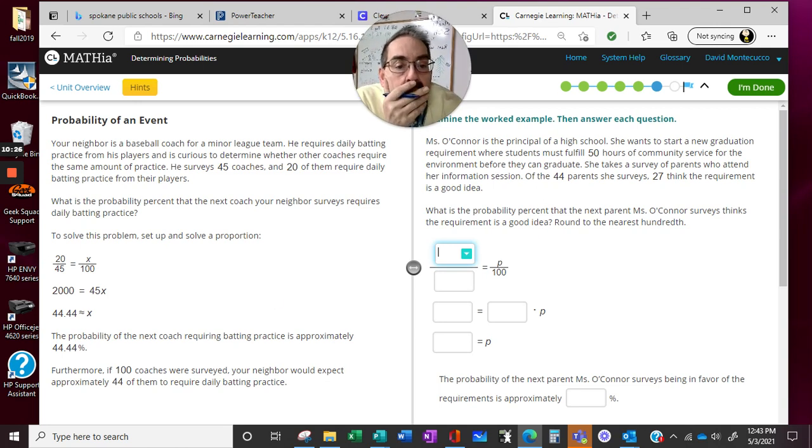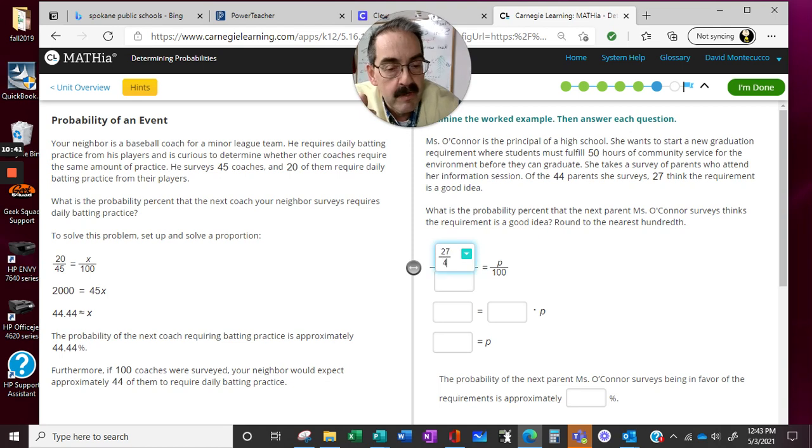Okay, students must fulfill 50 hours of community service. She takes a survey of parents who attend her information center. Of the 44 parents, 27 think the requirement is a good idea.